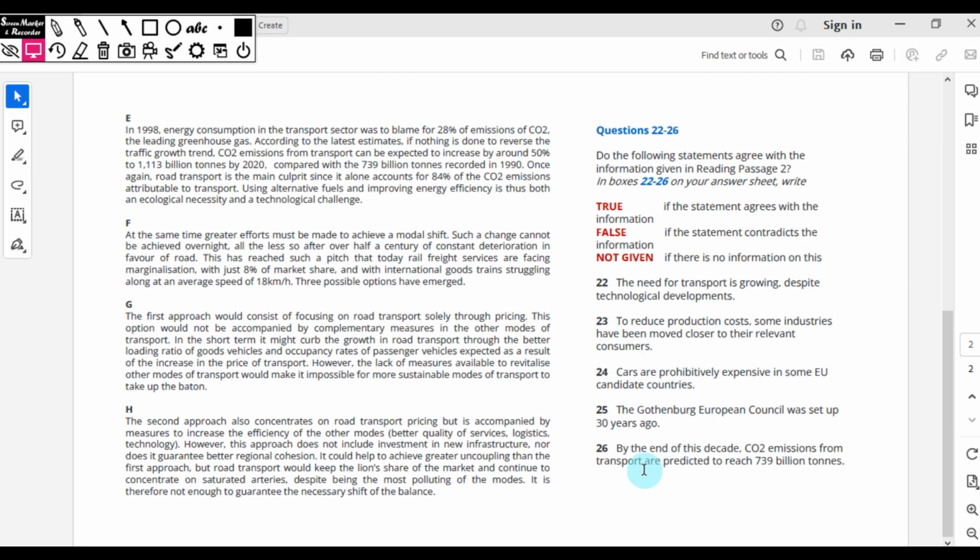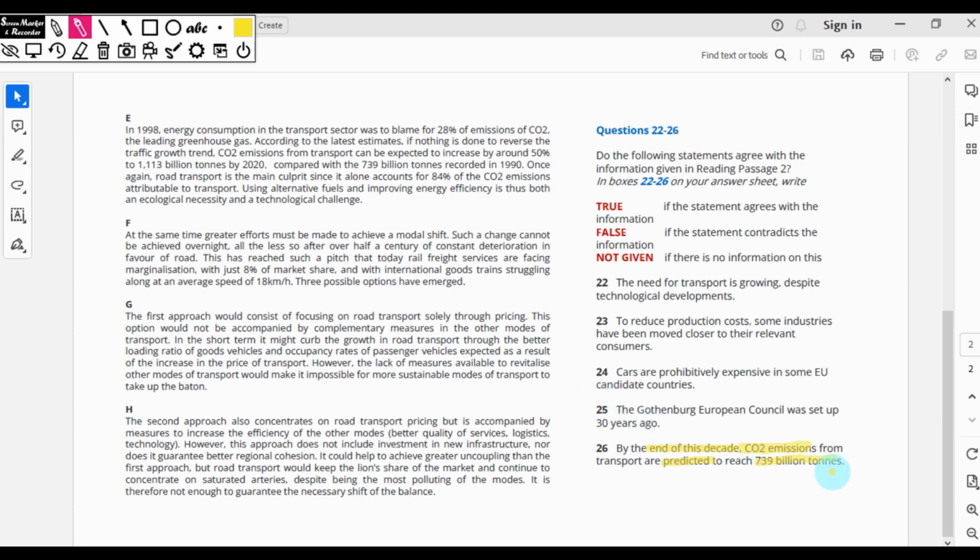Question 26. Here is a keyword. First, we need to mark the keyword. The keywords are: by the end of this decade, CO2 emission, which is a noun that appears exactly in the passage and will be predicted also, and 739 billion tons.